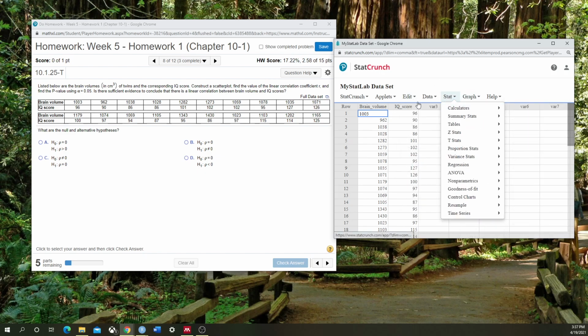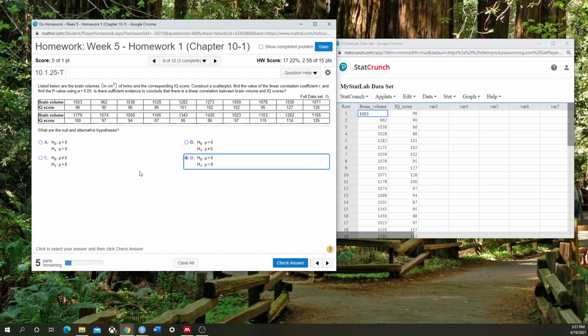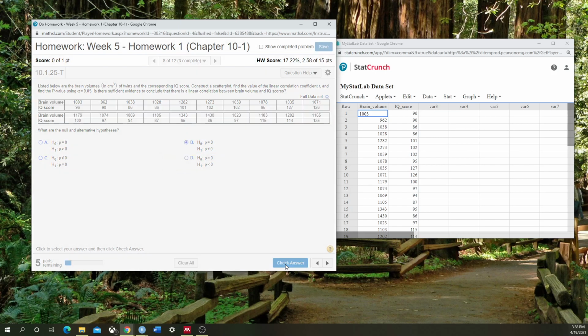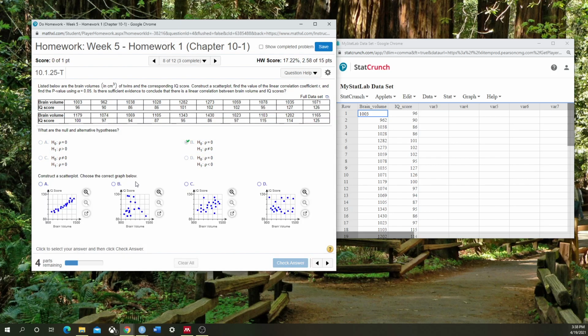I am going to first check what is my claim. Is there sufficient evidence to conclude there's a linear relationship between brain volume and IQ scores? It doesn't seem like it's asking if bigger brains have a larger IQ score, so I'm going to go with B, two-tailed test. Check answer, good job.